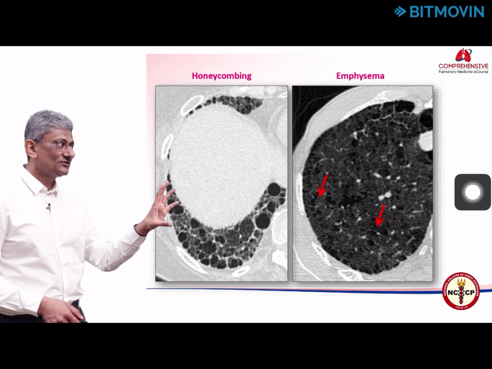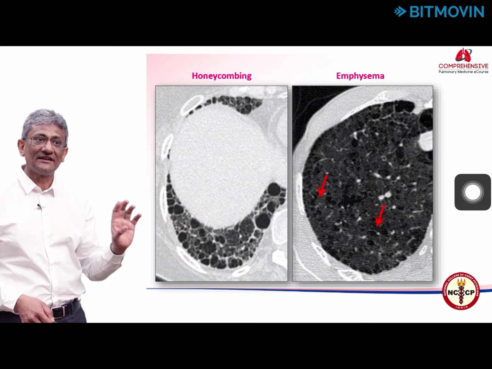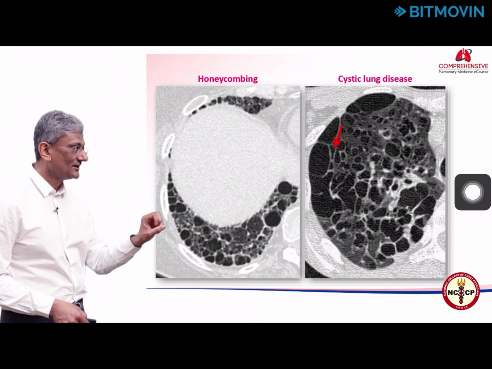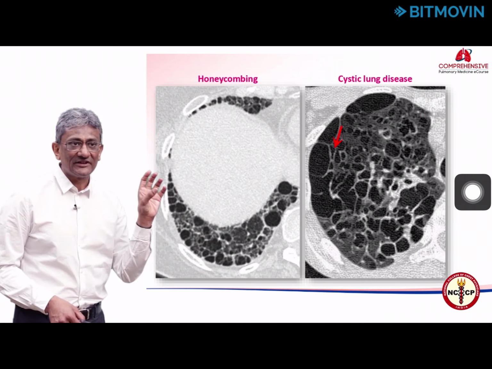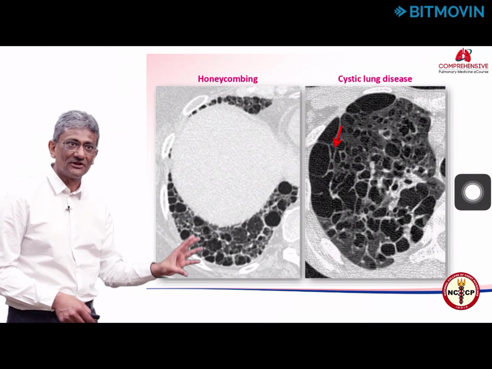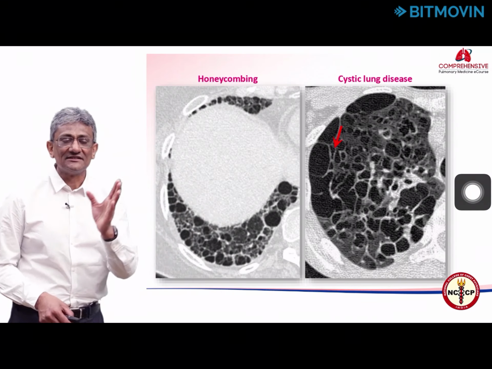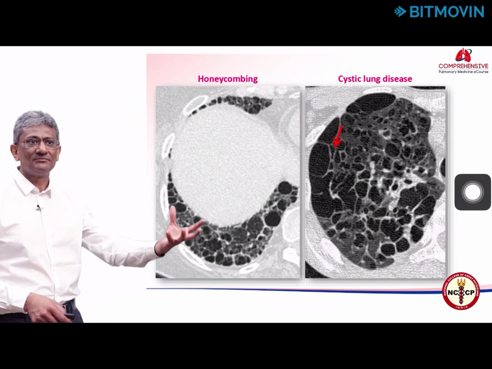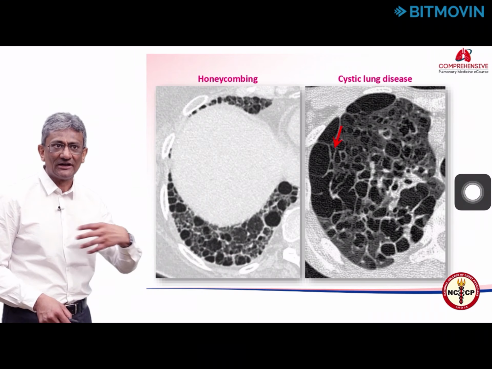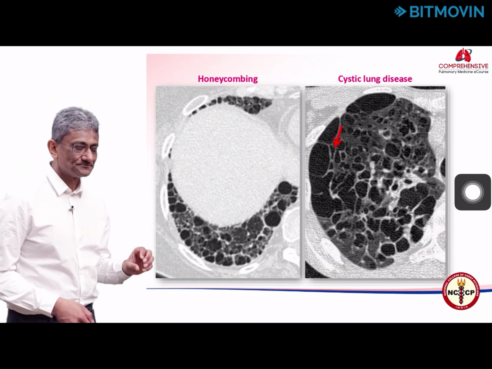In this situation, we have centrilobular lucencies without walls that we get with centrilobular emphysema, and here we have the presence of cysts with walls that are randomly distributed throughout the lung parenchyma, telling us that there is cystic interstitial lung disease, for example, the type we get with lymphangioleiomyomatosis or Langerhans cell histiocytosis, etc.